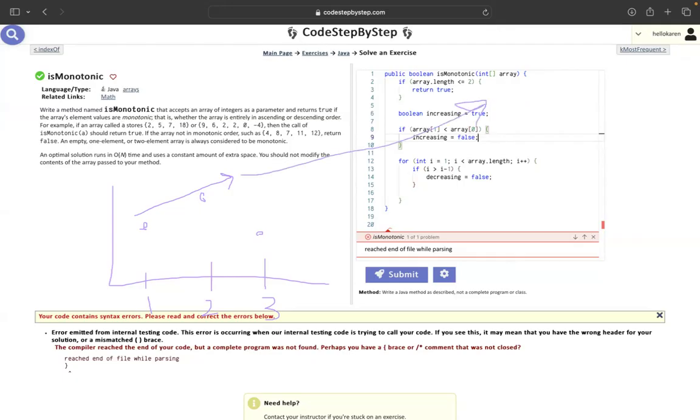But the third one goes down, so we know that we've broken our pattern. On the other hand, let's say our first two numbers go like this. Now we know our pattern is going down.